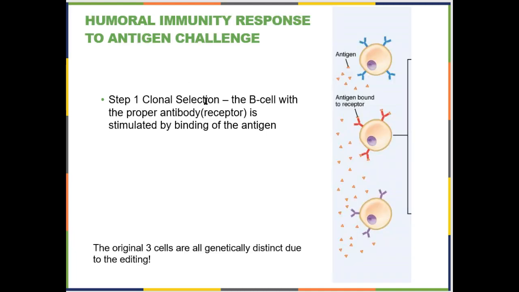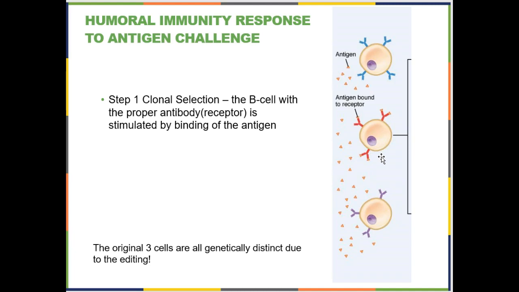So step one, when you are challenged with an antigen, is clonal selection. This is identifying the B cells that make the proper antibody. Here we have three different naive B cells. Their antibodies are all different colors because they're all different. These are all genetically different from one another, right?